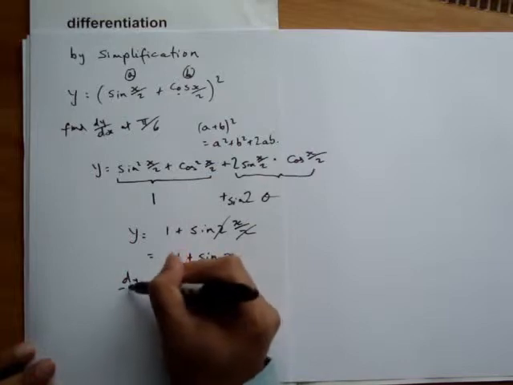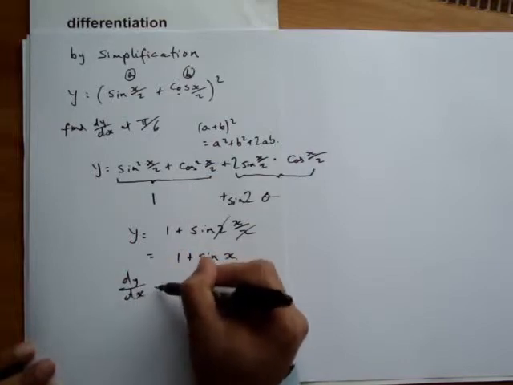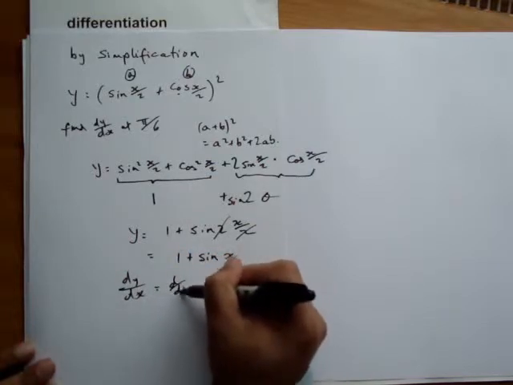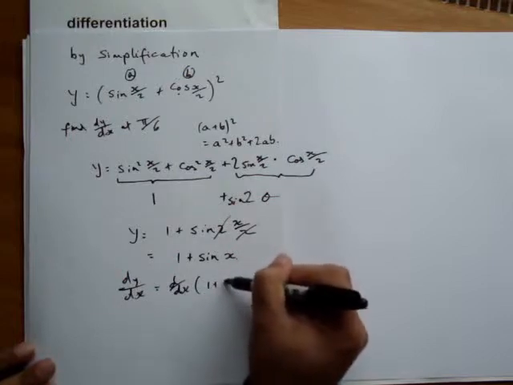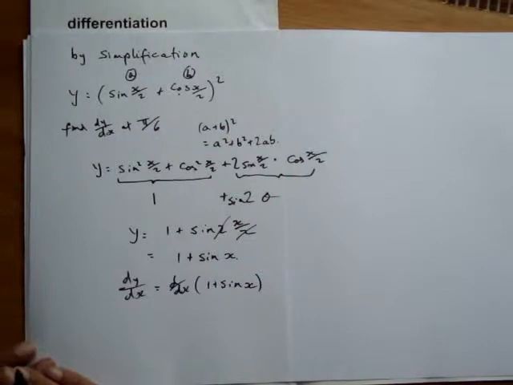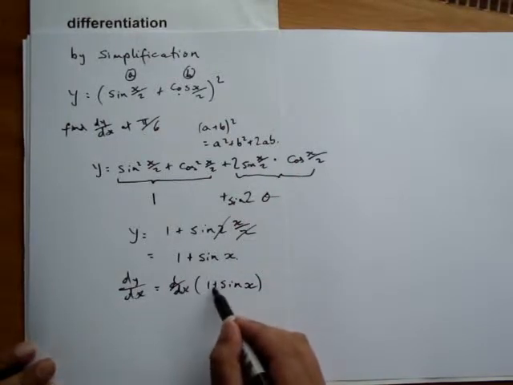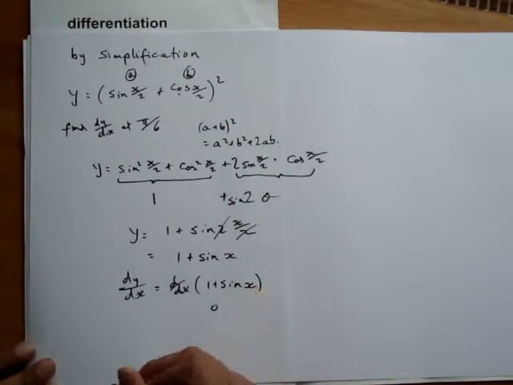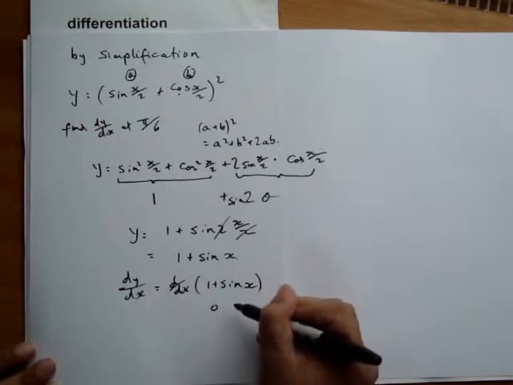dy by dx, d by dx of 1 plus sine x, which is, when we do the derivative of 1 we're left with 0, derivative of sine x is cos x.